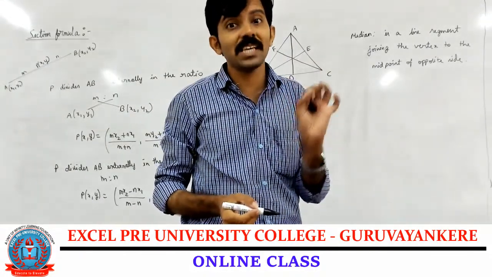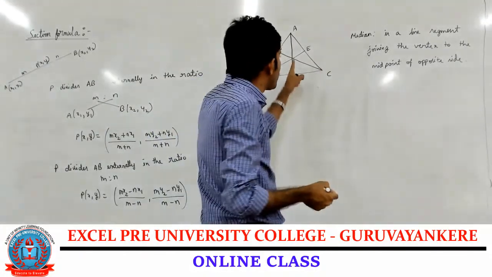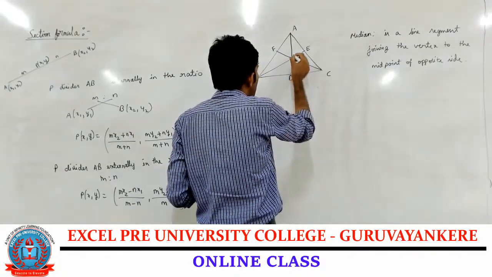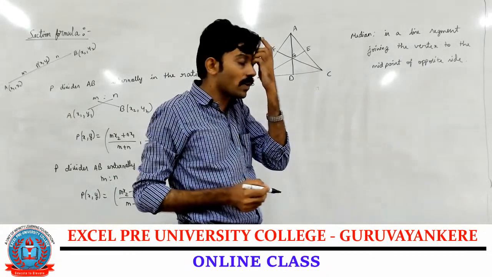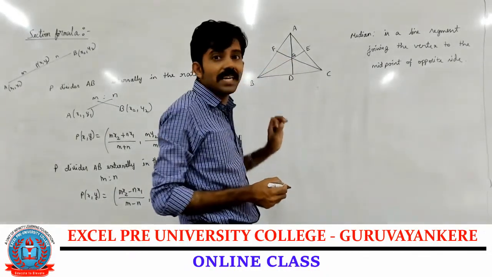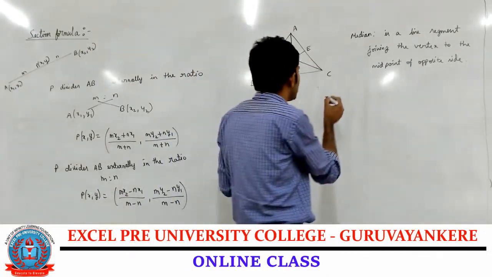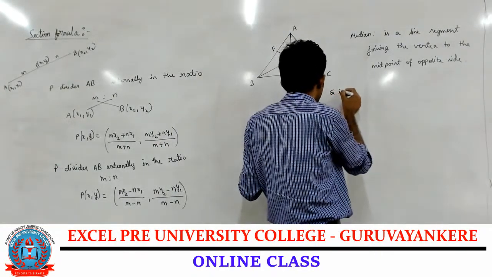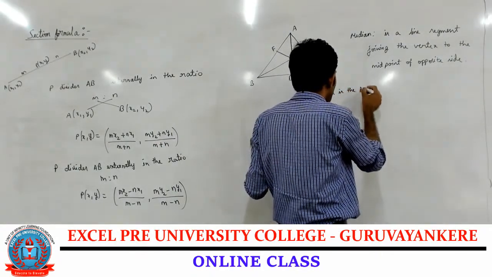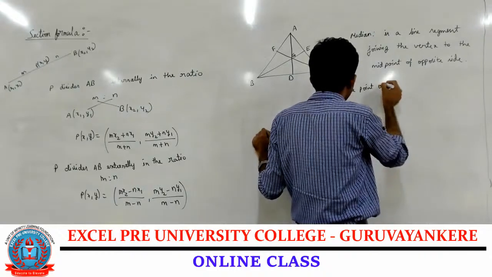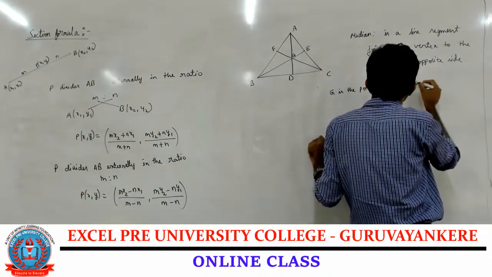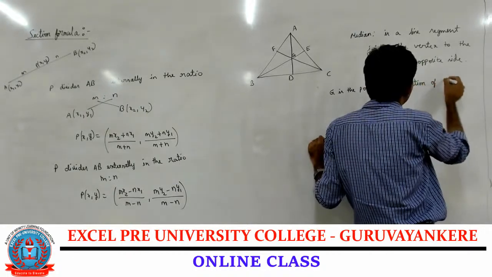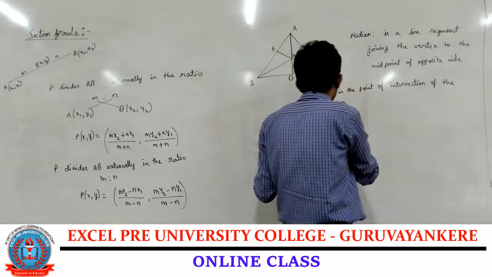The point of intersection of the medians is called the centroid, denoted by the symbol G. G is the point of intersection of the medians of the triangle.